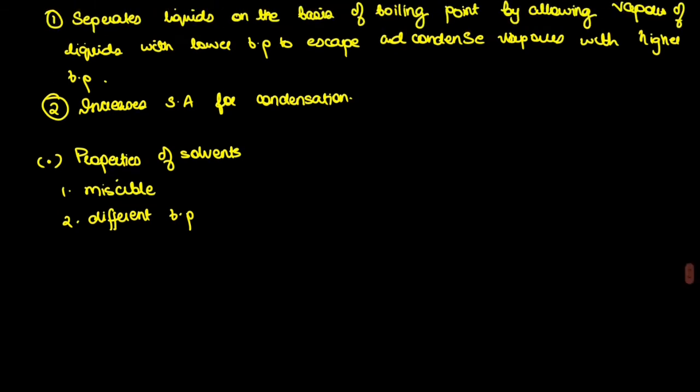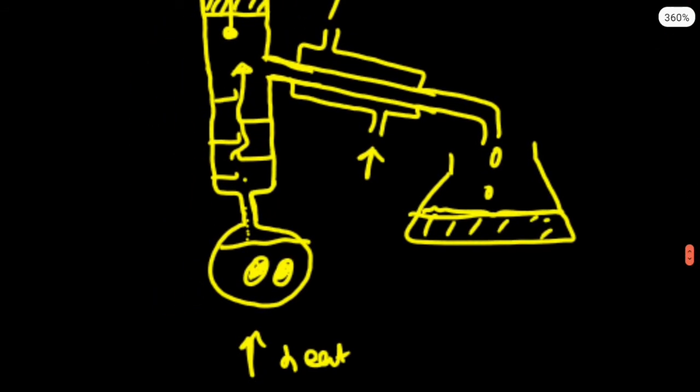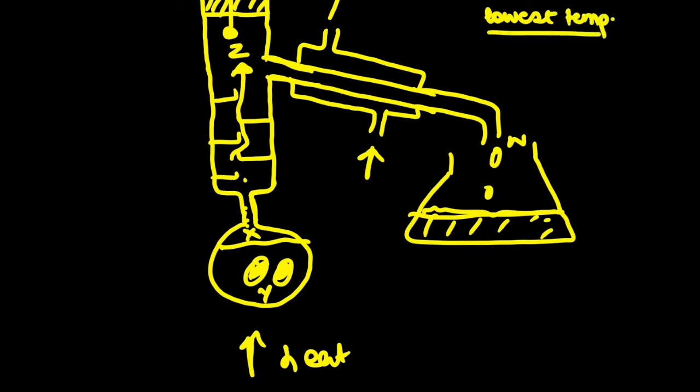Now I'm labeling a few points here. Let's just say this is X, this is Y, this is Z, and this is W. I want you to tell me where in the whole fractionating column, or this whole apparatus, there will be the lowest temperature, and where there will be the highest temperature.